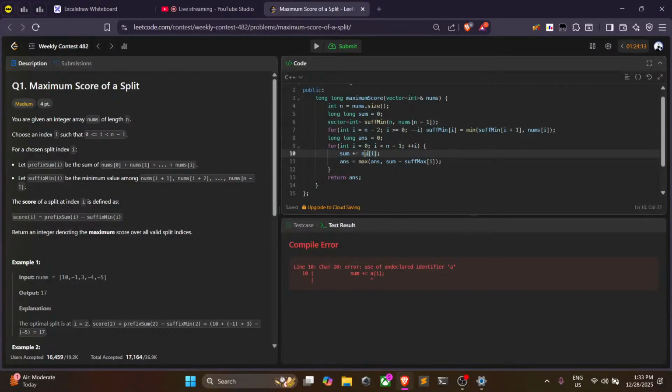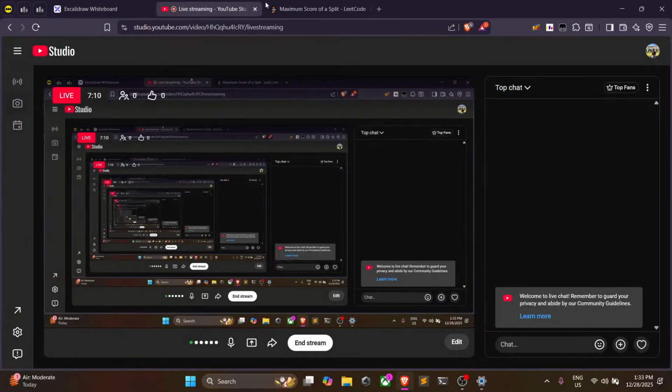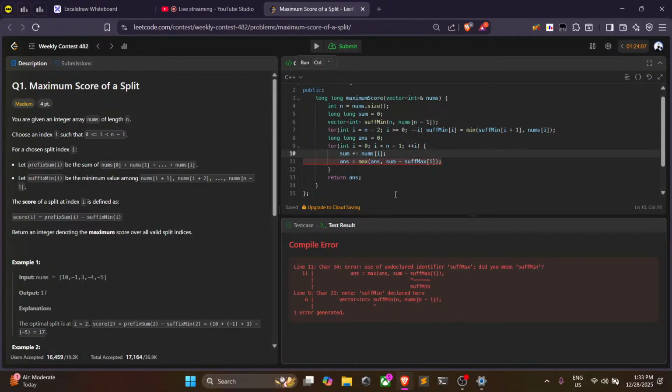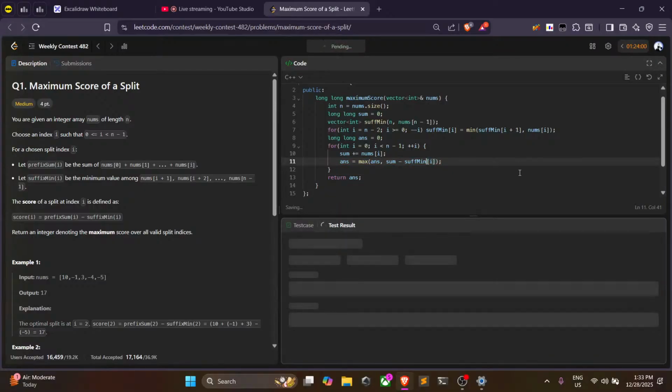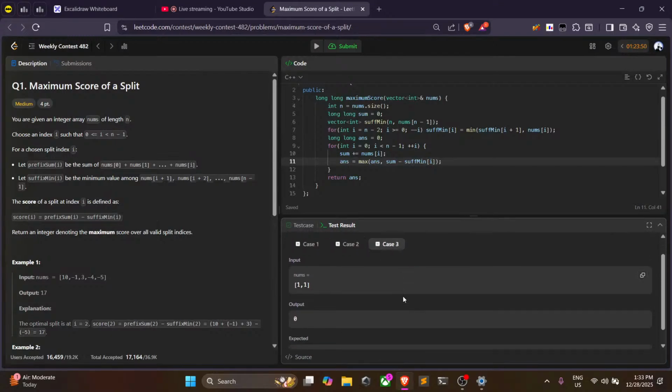What's happening? So see, it's already wrong. Man, let's not make such silly mistakes, right? Just the first problem, but it says medium, 1700.